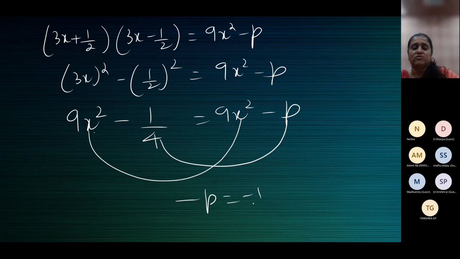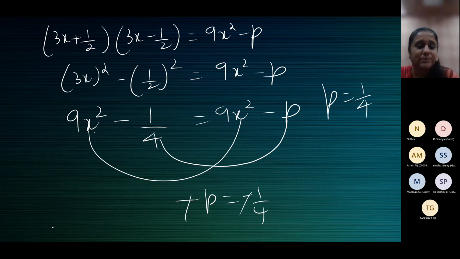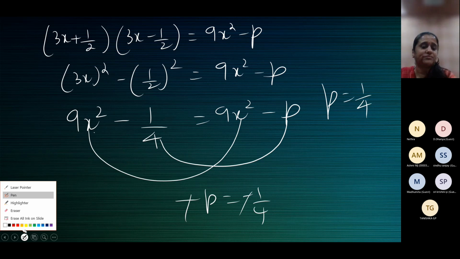So p is equal to 1 by 4. I think Sindhu and Sanjay said it right. On comparing both the sides, the value of p is 1 by 4. Yes or no, children?